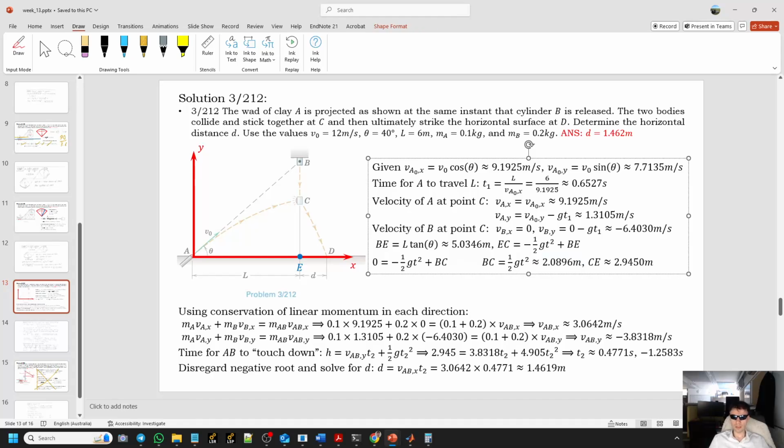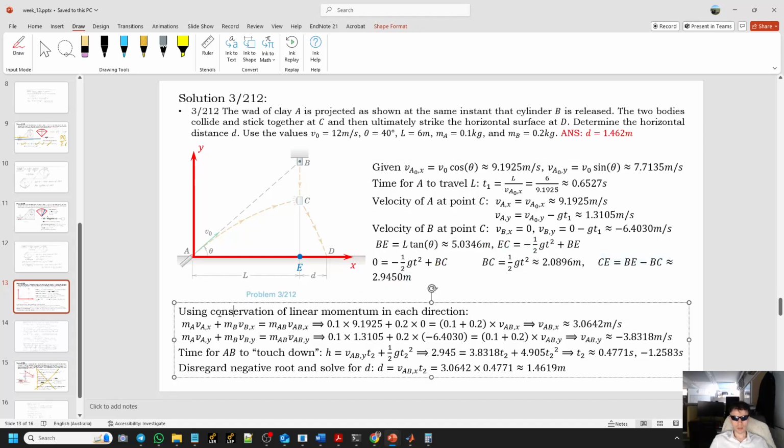And what about CE? So we have BE and we find BC. It will be BE minus BC. We find the BE here and we have the BC here. Therefore, we have CE, which is 2.9 and so on.